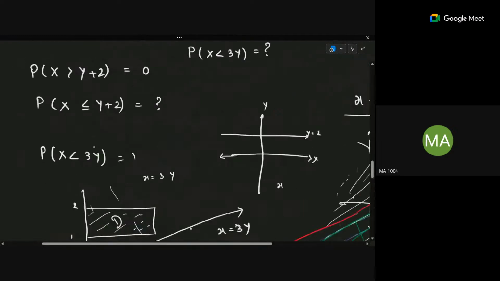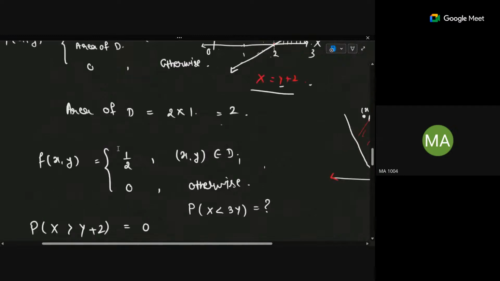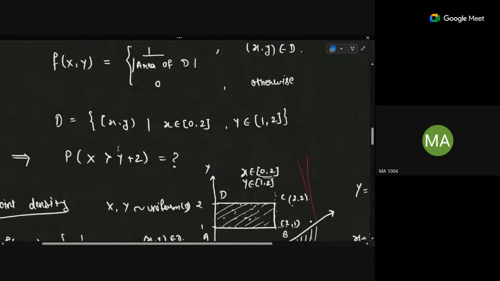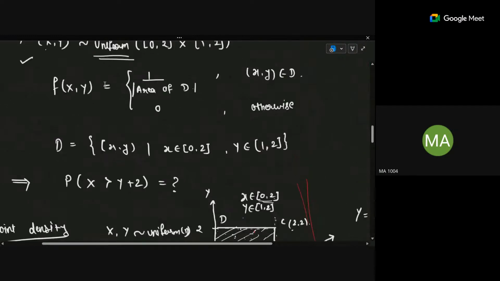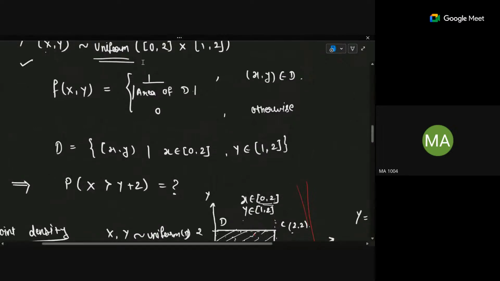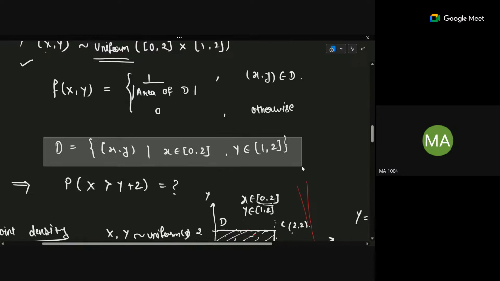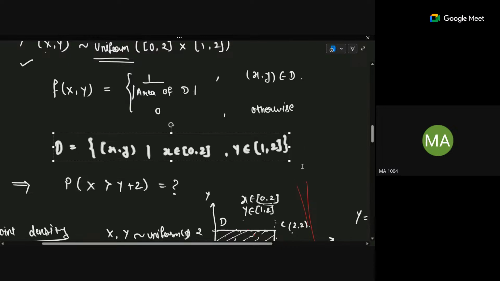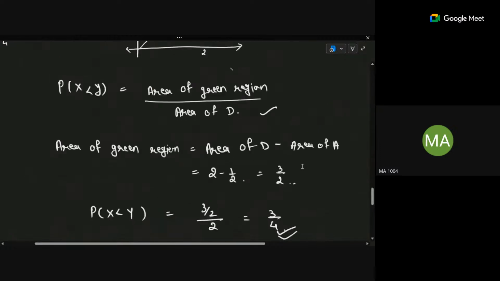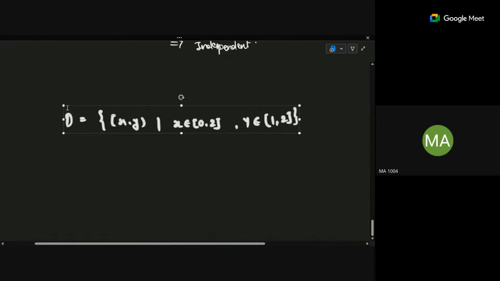We can continue with this example also. When your region D is looking like this, then just check whether your x and y are dependent, independent, or whatever it is.